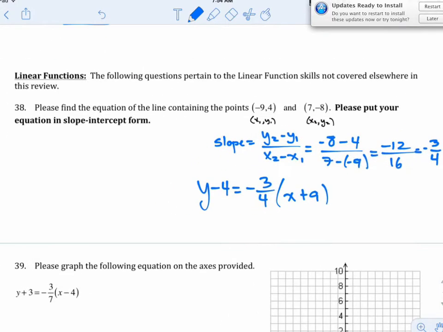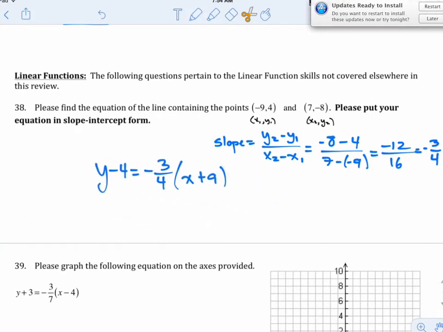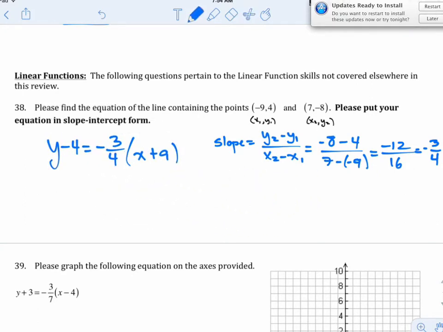All right, so the hard part is done. We've created a line that definitely has a slope of -3/4. And if x were -9 and y were 4, we would definitely get a true statement, so that point is on our line. And so all we have to do is put this into slope-intercept form.